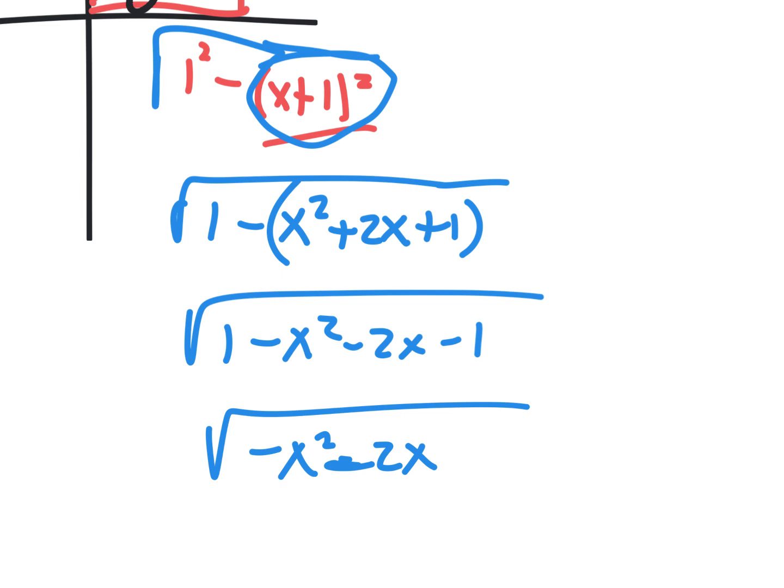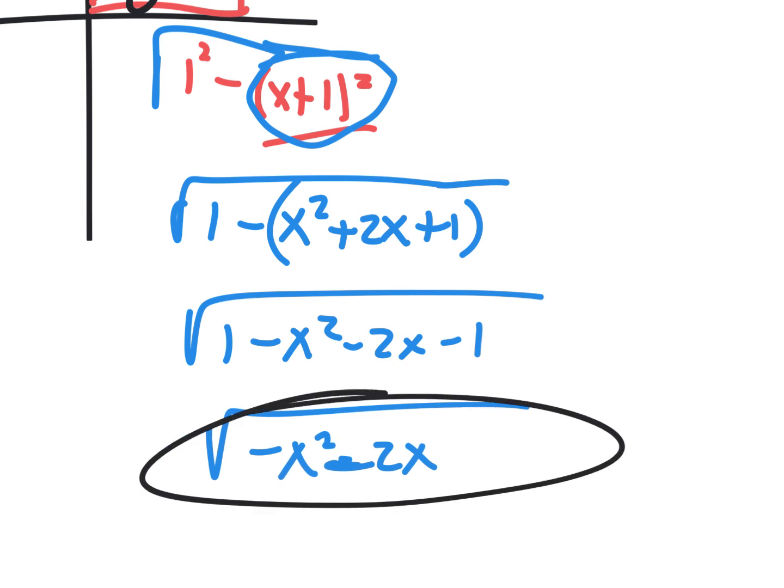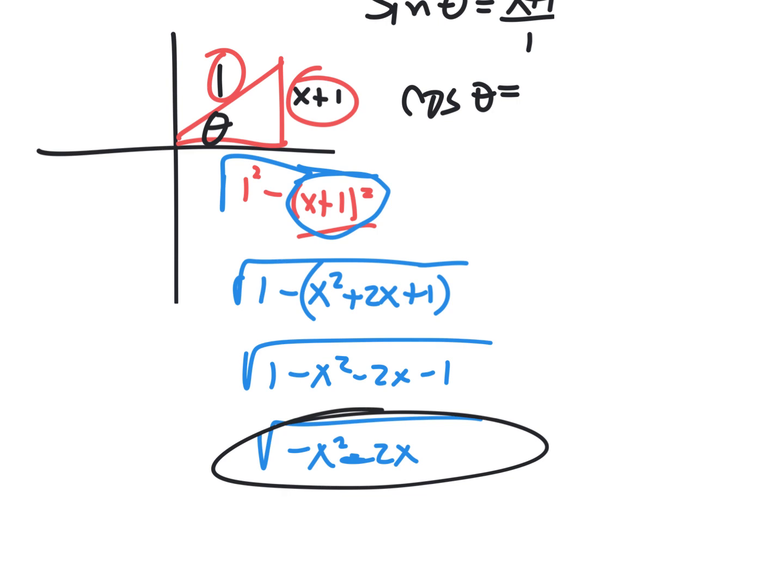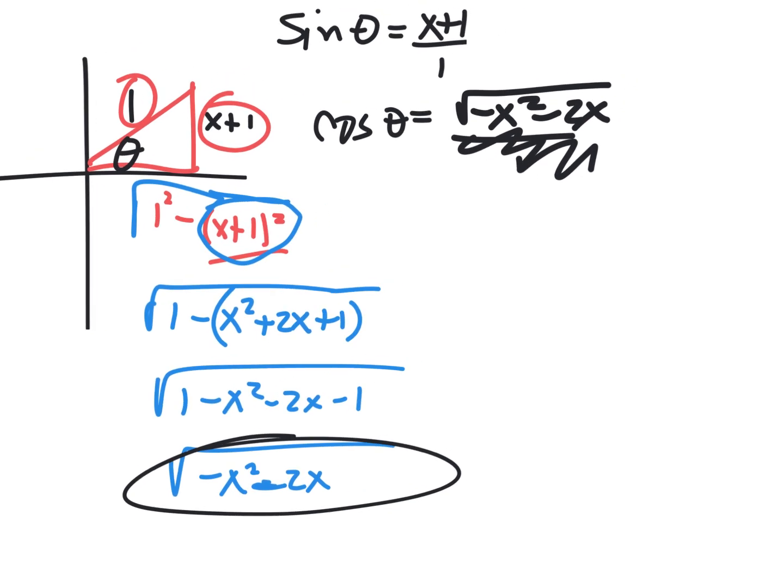Just leave it underneath the root. For this unit anyway, don't try to simplify this any further. Okay, so that's my adjacent side, and cosine is adjacent over hypotenuse, so there it is. Square root of negative x squared minus 2x over the hypotenuse, which is 1. And since the hypotenuse is 1, this is just gone.